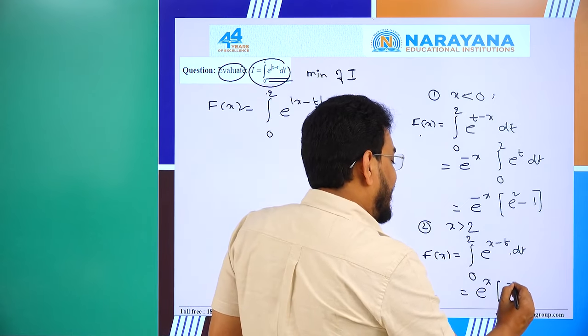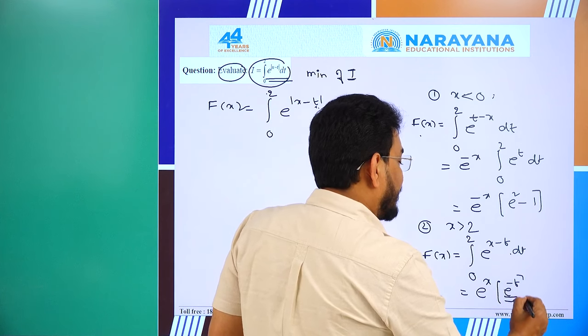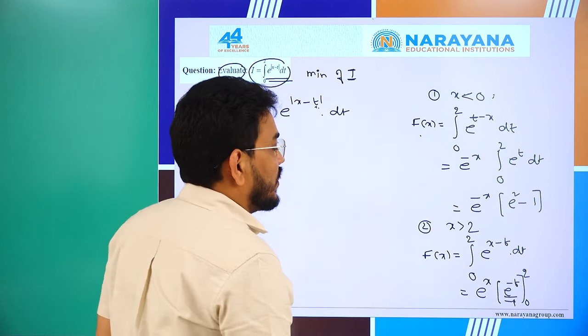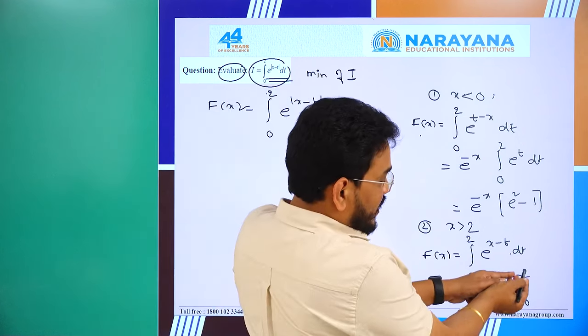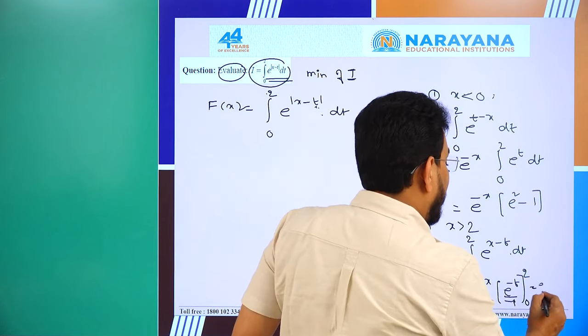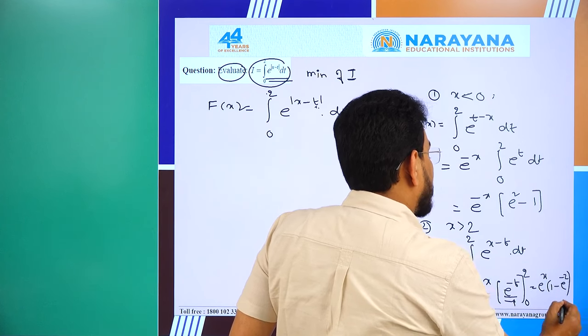You can write e power minus t by minus 1 of the limits 0 to 2. So when you substitute, e power minus 2 by minus 1 minus, you will be getting e power x into 1 minus e power minus 2.